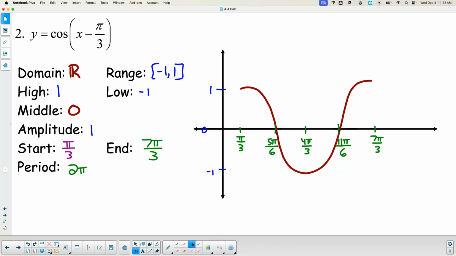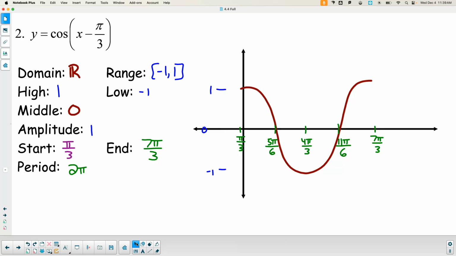Questions, comments, concerns, clarifications? Give you a couple of seconds to fill those in. Don't fall into the trap of always starting your graph on that vertical axis, because it's not always going to be. There needs to be that gap in there for it.